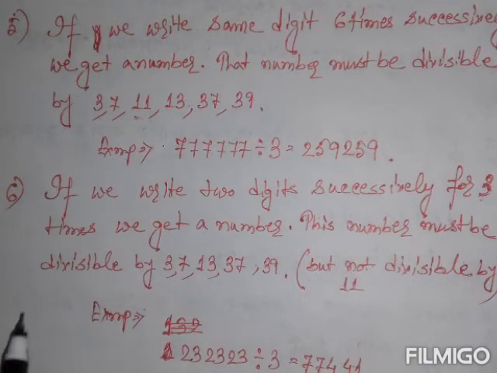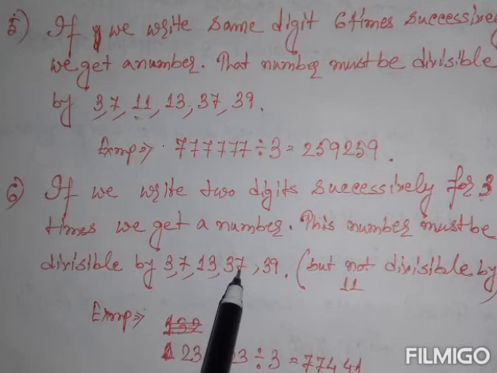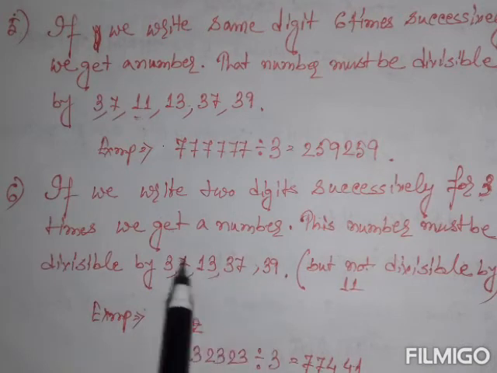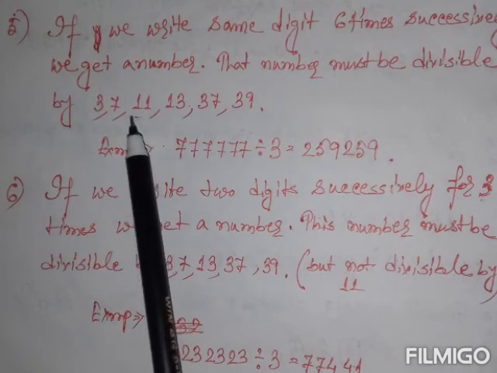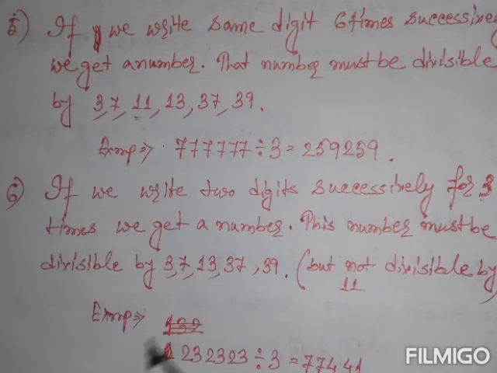This number must be divisible by 3, 7, 13, 37 and 39, but not by 11. In this way we can get that, but not divisible by 11. Example: 232323 divided by 3 means 77441.